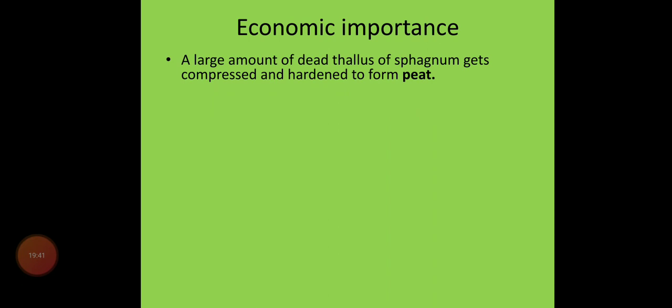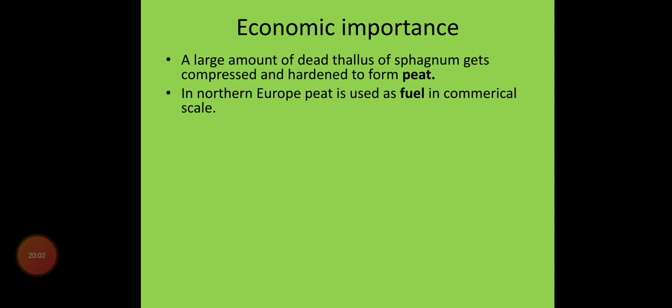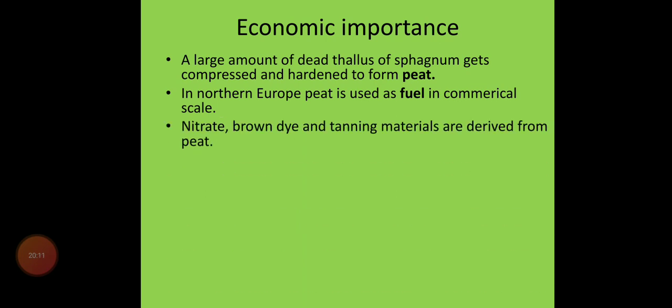A large amount of sphagnum gets compressed under the soil and hardened to become peat, like coal. In North European countries, peat is the main fuel on a commercial scale.